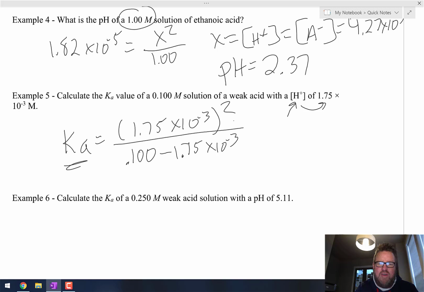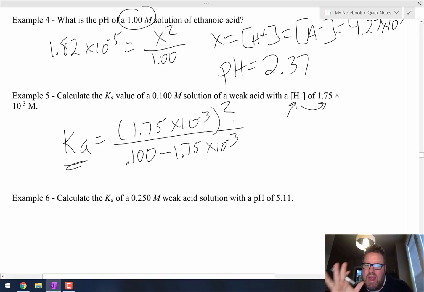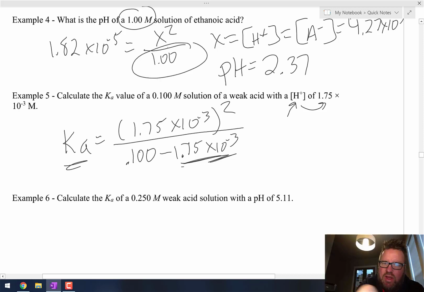And now I'm going to divide by, in parentheses, 0.100 minus 1.75 times 10 to the minus third. It might not make a huge difference in my answer, but you absolutely must do it like that. You can't leave that part out. You only leave it out like we did up here when you have that minus x and you go, nope, that would require the quadratic equation. We're out. Okay? And so I get a final answer of 3.12 times 10 to the minus fifth.